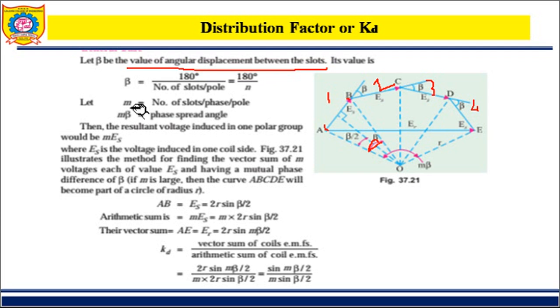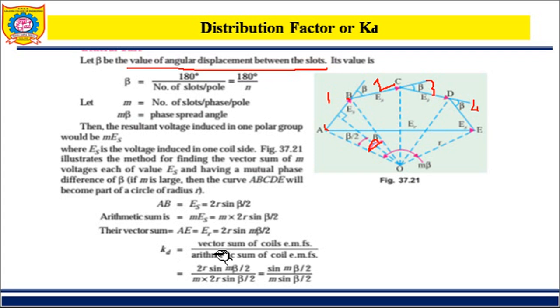Now let's define a few terms. m equals the number of slots per phase per pole, and m beta is equal to the phase spread angle. So what is Kd, the distribution factor?